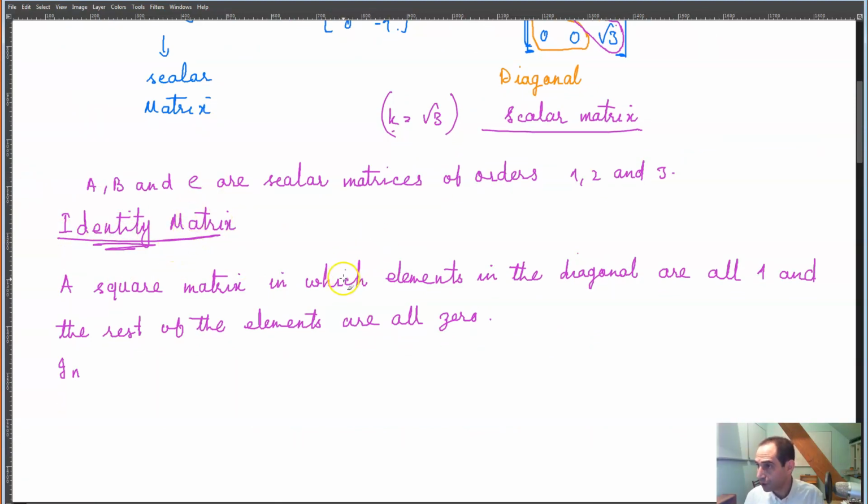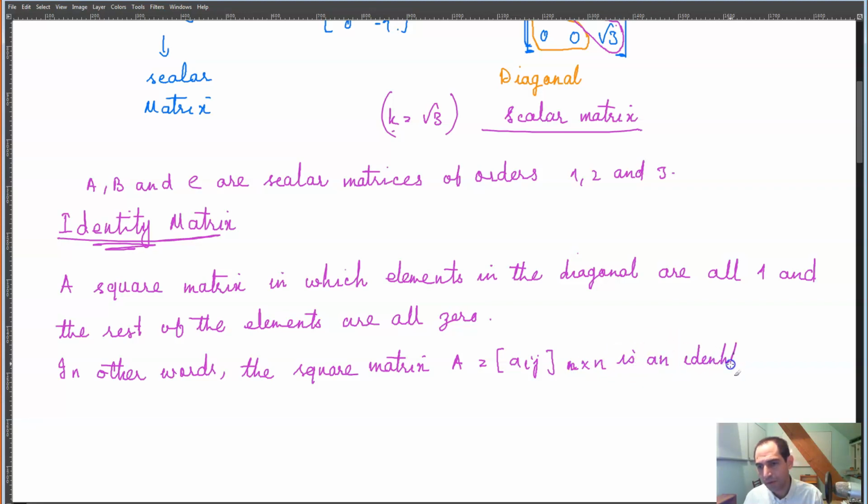So, in other words, the square matrix A, which is equal to A of ij, n times n, is an identity matrix if A of ij is equal to 1 if i is equal to j, and it's equal to 0 if i is not equal to j.